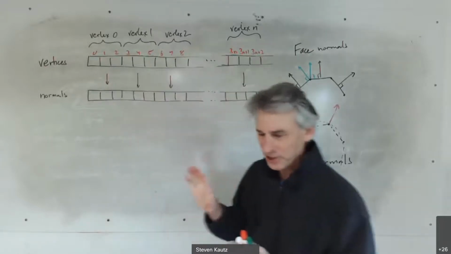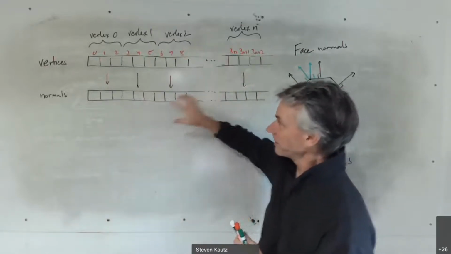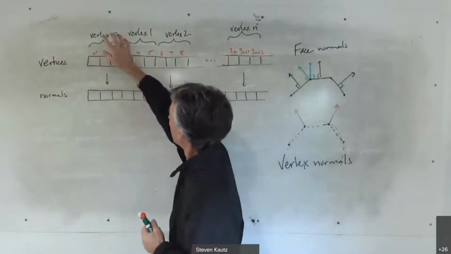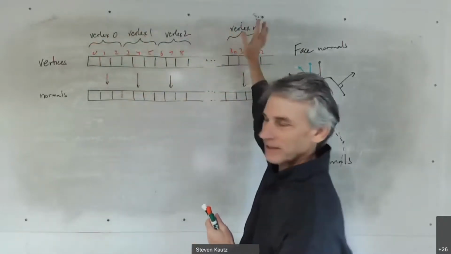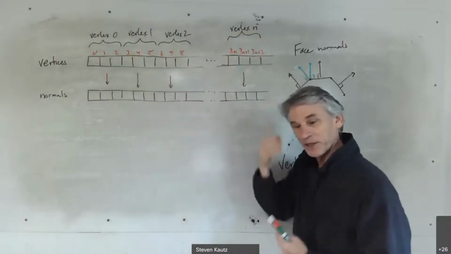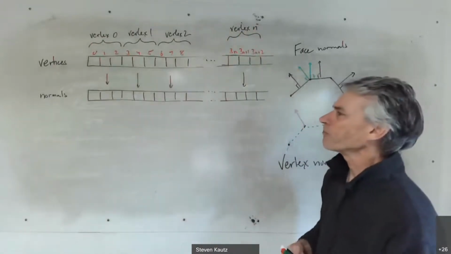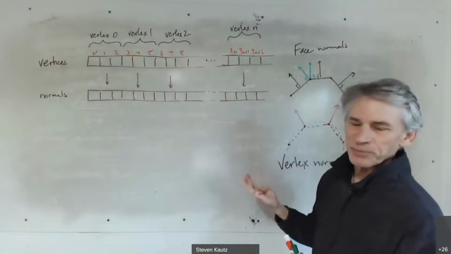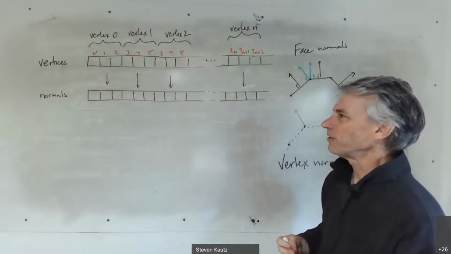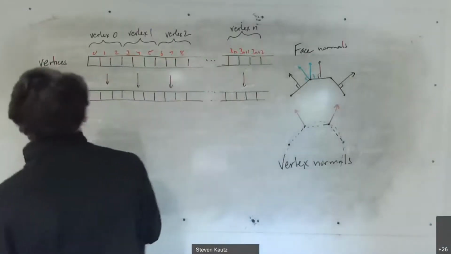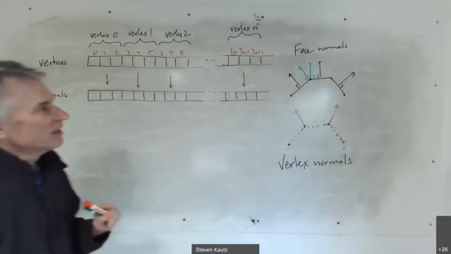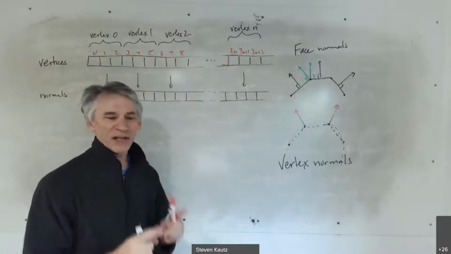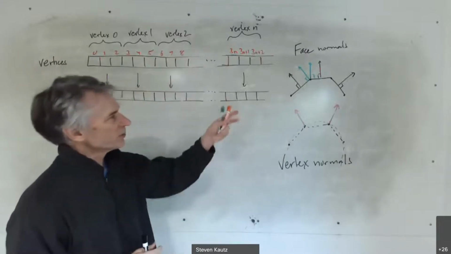So these are going to be integers, right? Integer indices that say, all right, vertex 1, vertex 7, and vertex 9, that's one of my triangles. So for each one of those triples representing a triangle, you would calculate the face normal for that triangle, which we know how to do with a cross product.